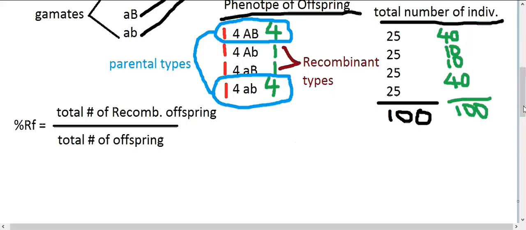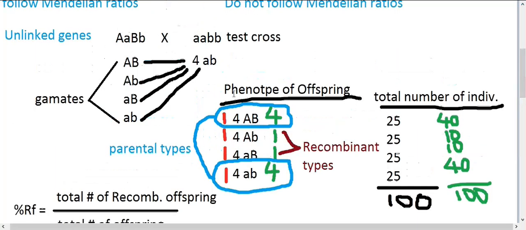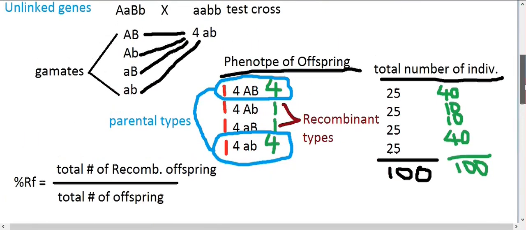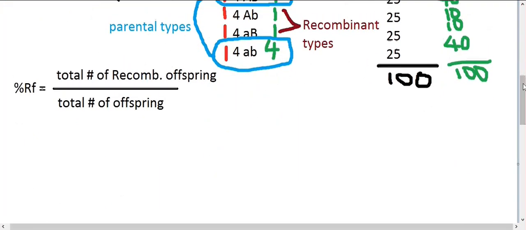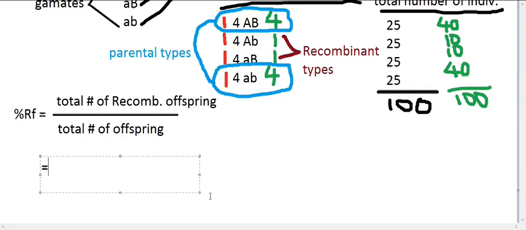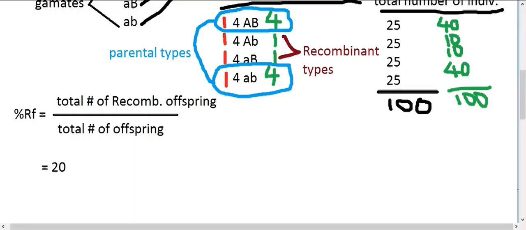So for this cross that we have here, what is the total number of recombinants? It's actually 10 plus 10, so it's equal to 20. That's 20 divided by 100.